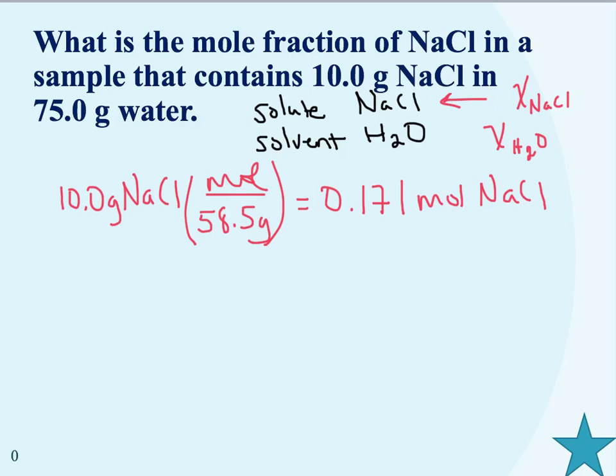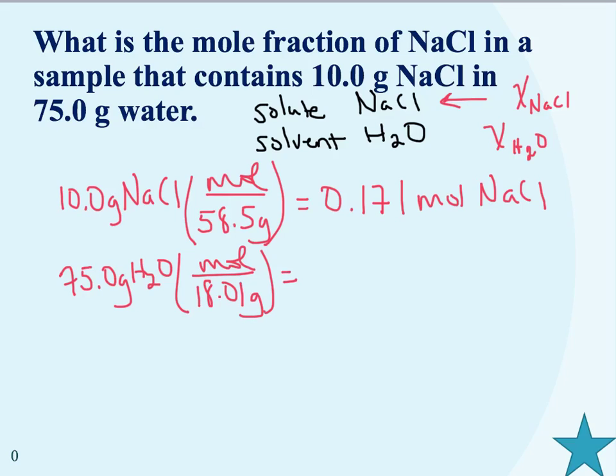Now I'm going to do the same thing with my water. I have 75.0 grams of H2O, and I know I have 18.01 grams per mole for my molar mass. I do the math, 75 divided by 18.01, and I get 4.16 moles of water.